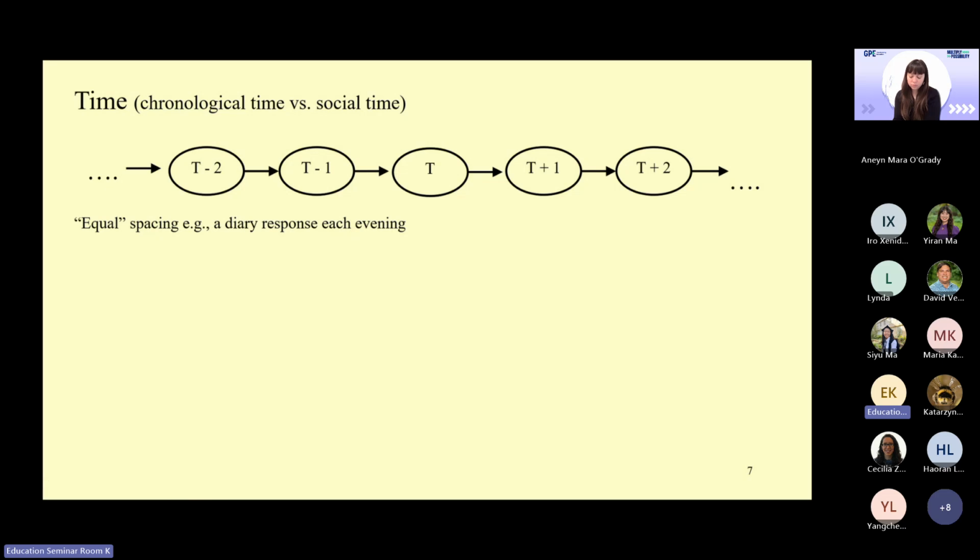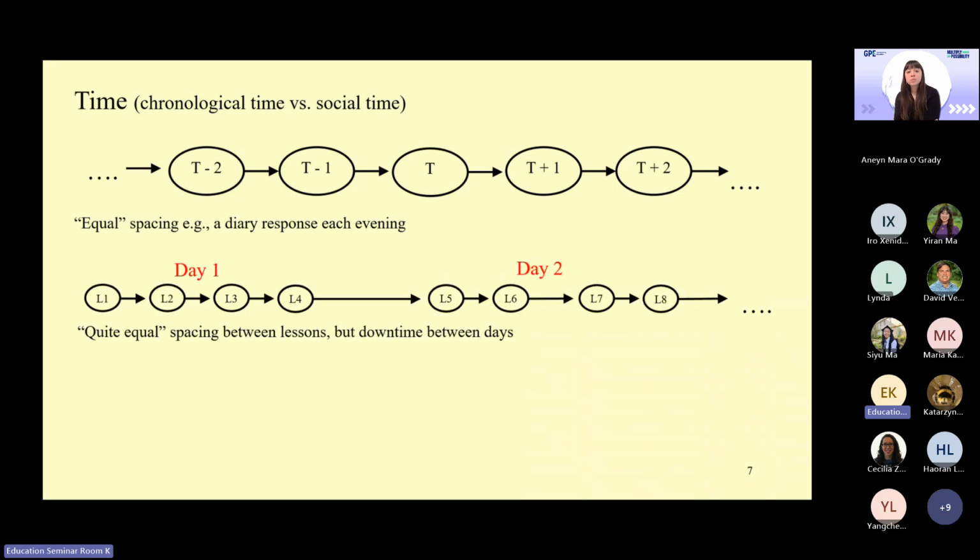We assume that these can be equally spaced over time. For example, if we have a diary study, everyone completes a diary in the evening. This would be quite equally spaced time lags between the observations. But if we want to go into educational settings, we can see that there's also a social time element.